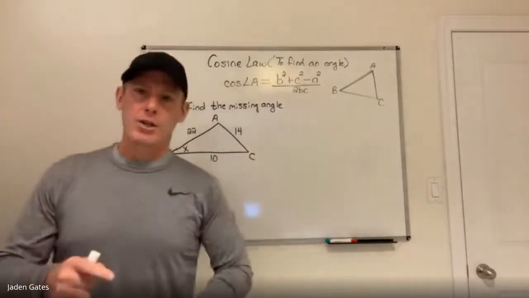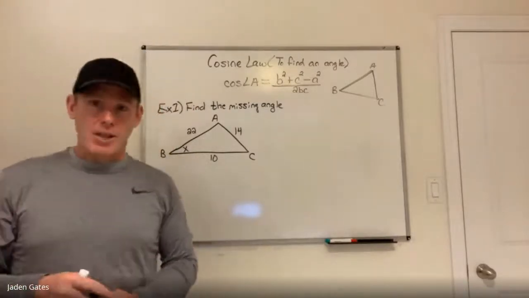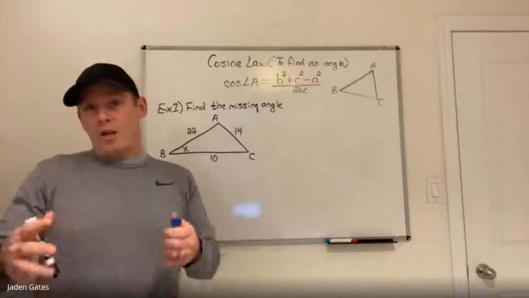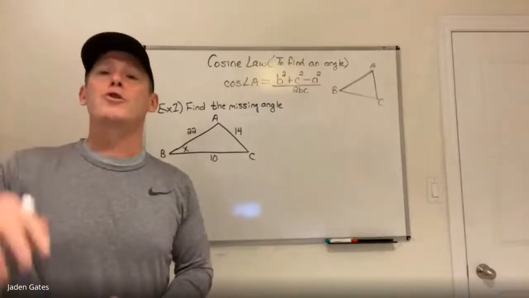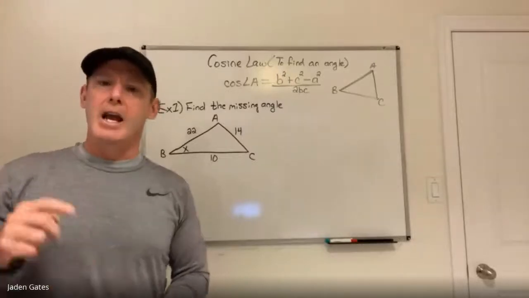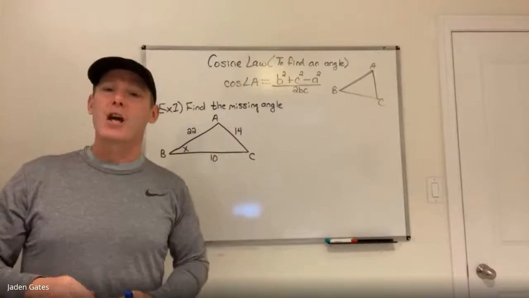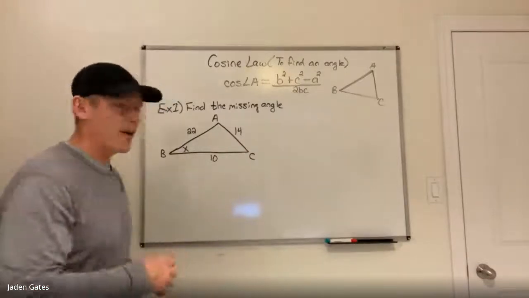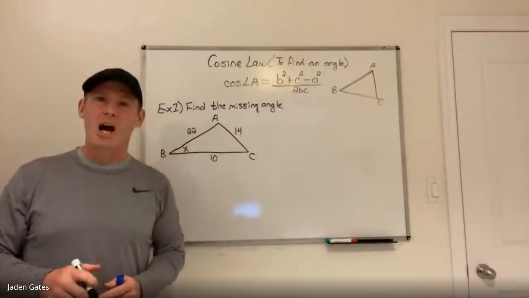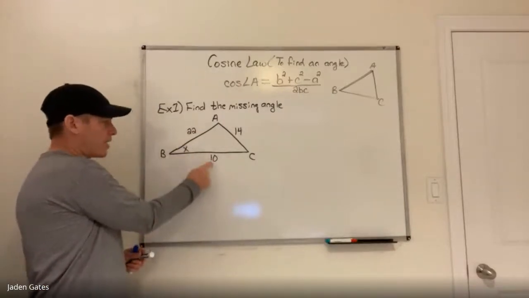And that's something I talked about with the cosine law last time out: the sine law is used for non-right angle triangles, but there's only two situations where you have to use the cosine law. Last class, to find a side using the cosine law is when you have SAS, side angle side, where you have a side, then the angle, then a side.